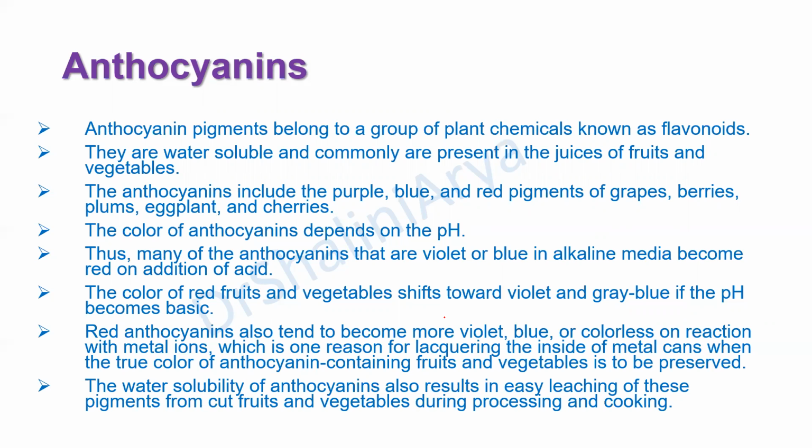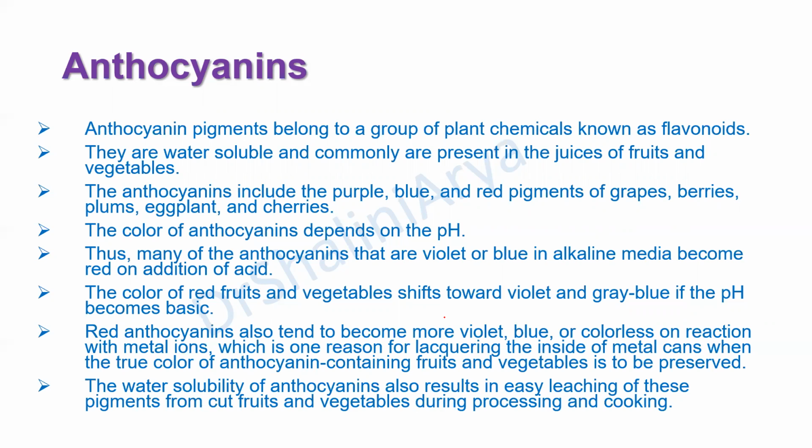But we have already seen in previous classes that the color of the anthocyanin pigment is highly dependent on pH, and therefore the pH dependent method was used for its estimation. Do you remember?